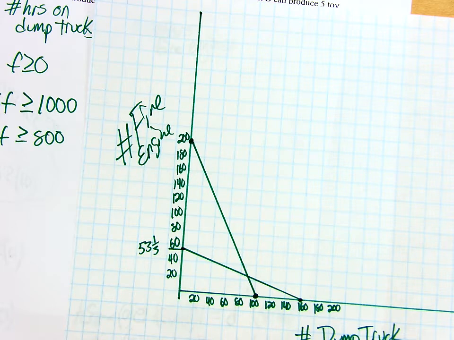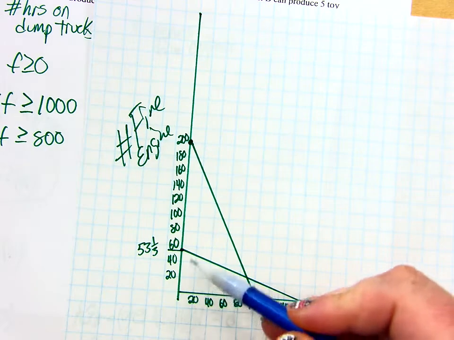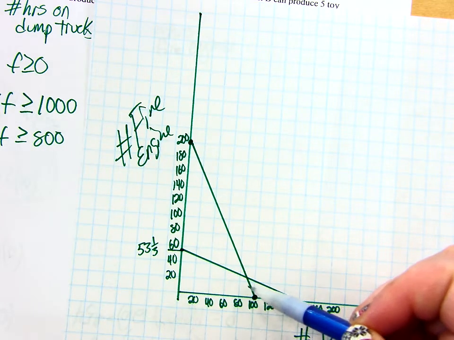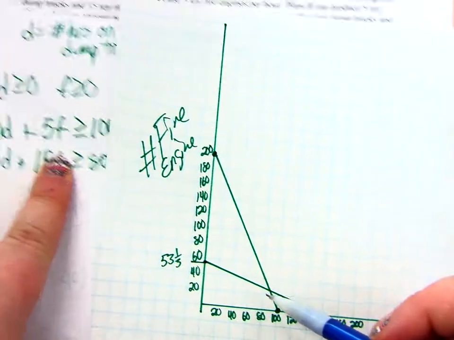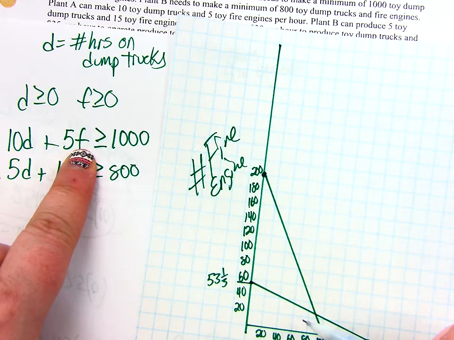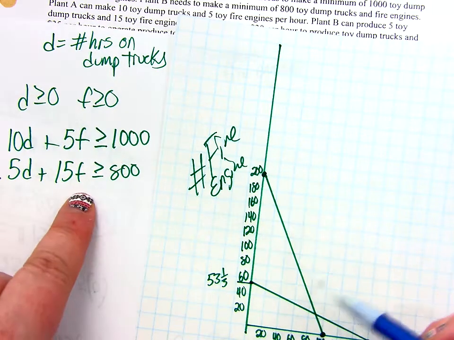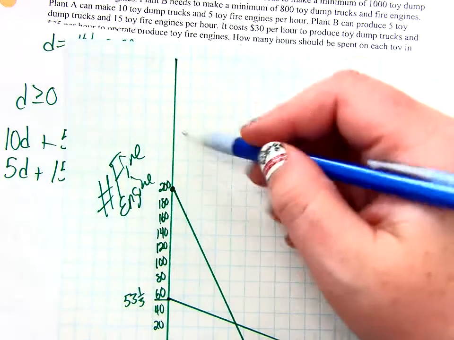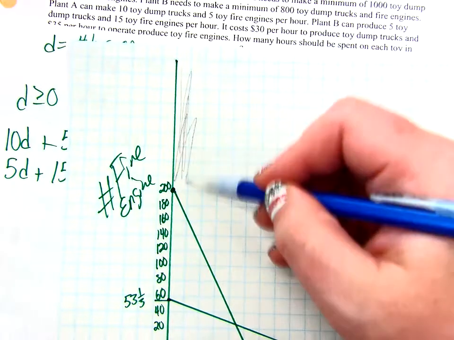So now what's interesting about this one, your feasible region is not down here. Because look at your inequalities. You want it to be above these values. Right? I want to be above both lines. So that means my feasible region is this.